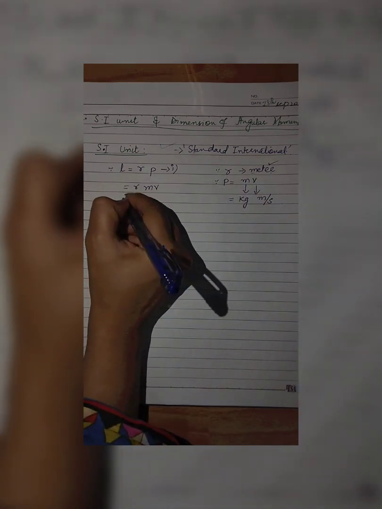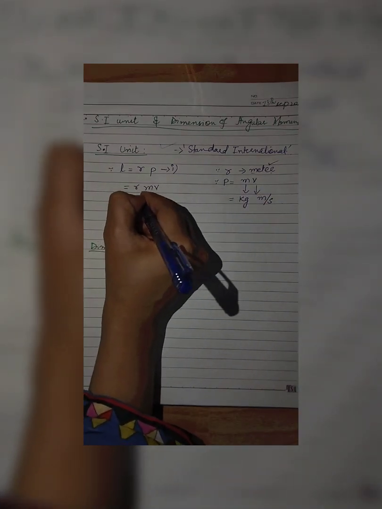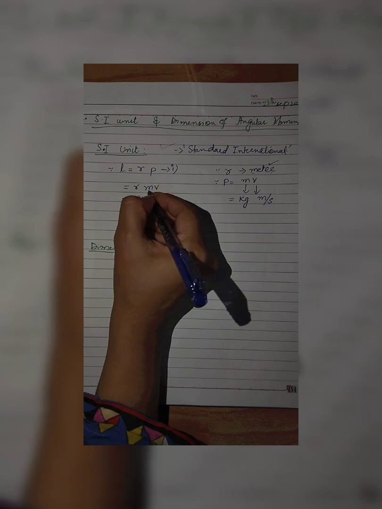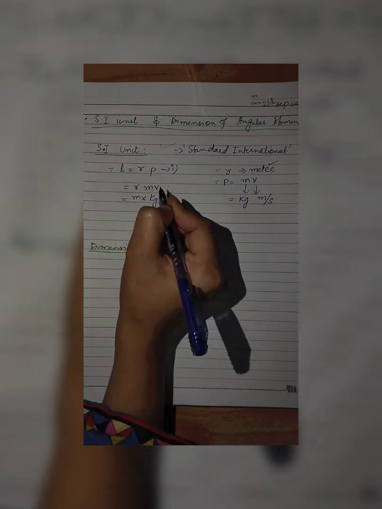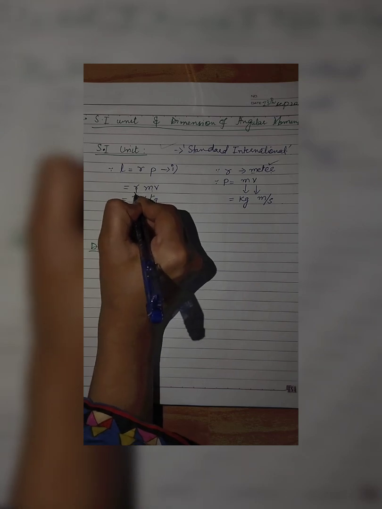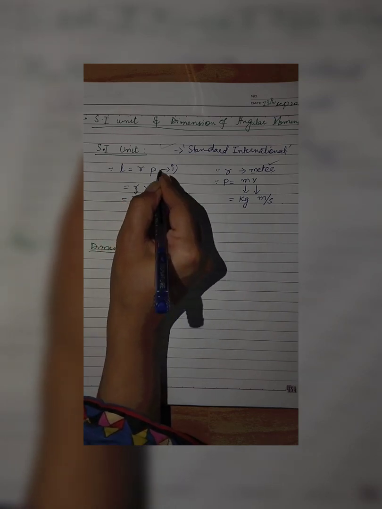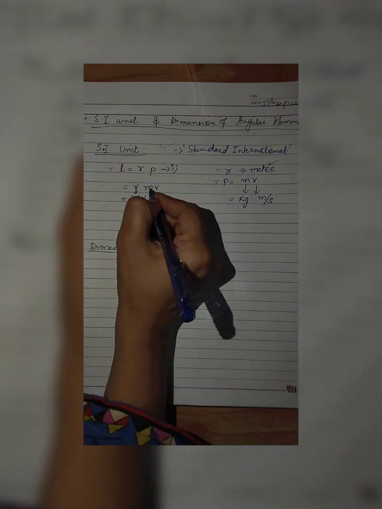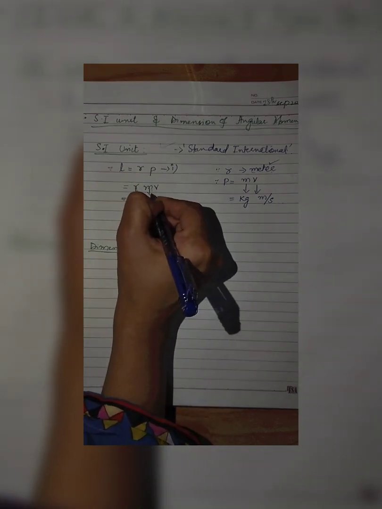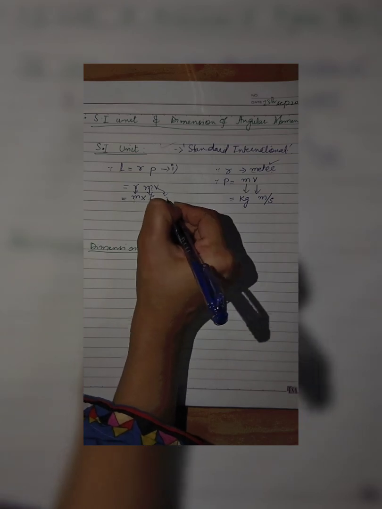So let's put it over here: meter, and for mass, kilogram. Don't confuse this m with this m. Keep in mind, this is meter, the SI unit of r. This is mass, the quantity included in linear momentum. Mass is in kilogram, and for velocity we have meter per second.